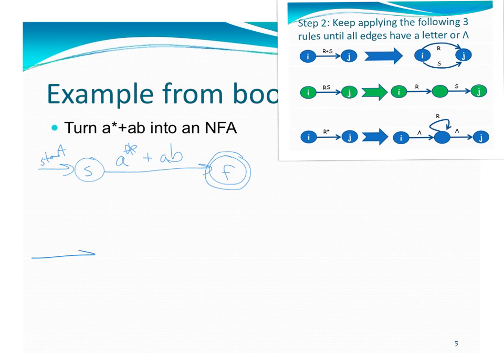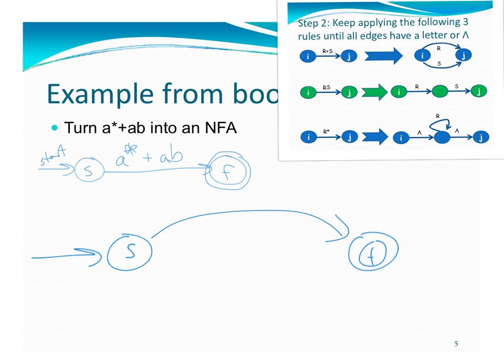So we have our start state and our double circled final state, and we're going to turn this expression A star plus AB, which goes along a single transition, so that the first part goes along the top and the second goes along the bottom. So here's our top transition, which gets an A star, and here's our bottom transition that gets AB. Okay, and now we can keep going with this.